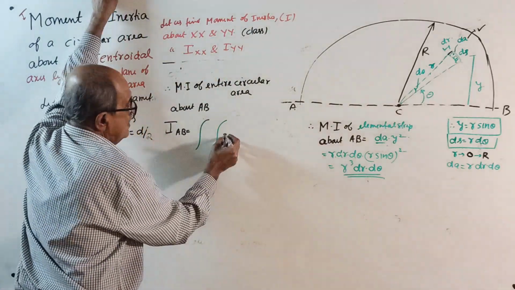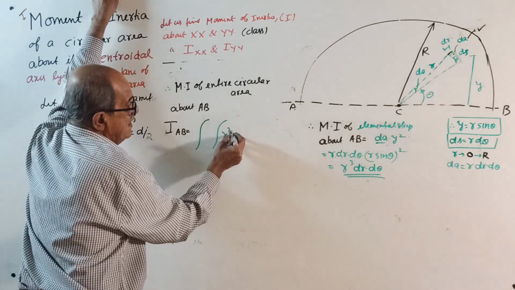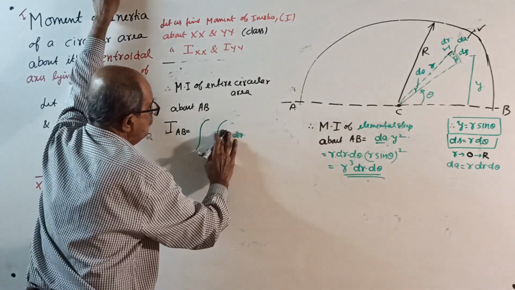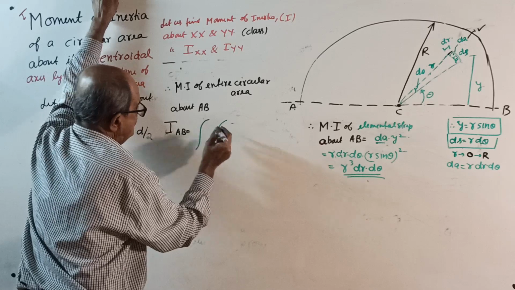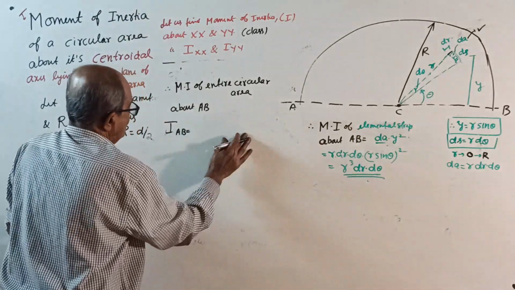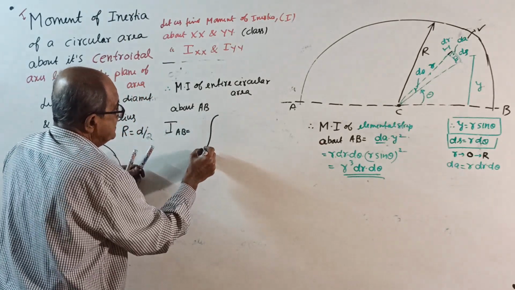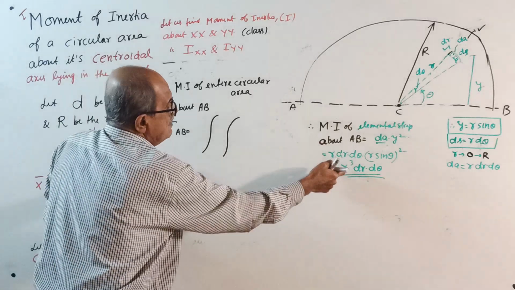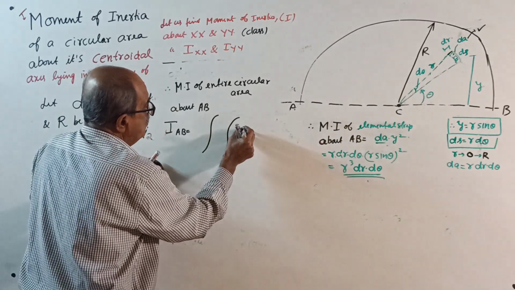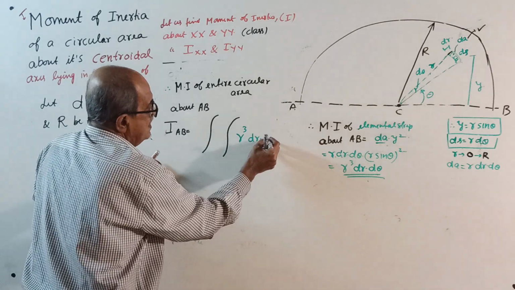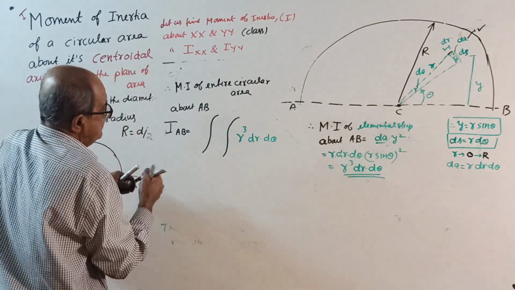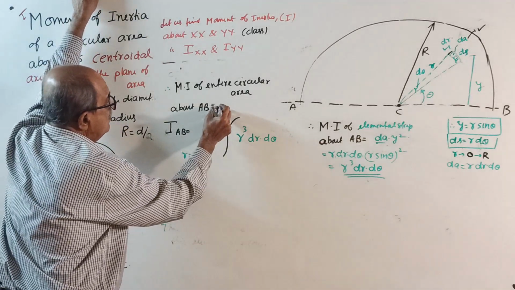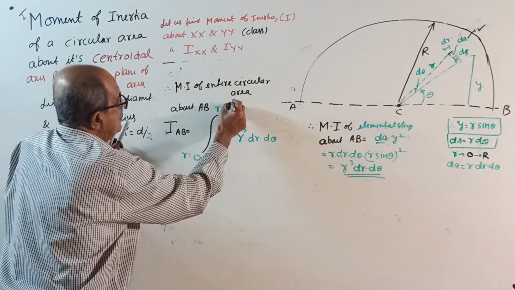So it is r square, not r square, r cube dr into d theta, equal to double integration of the elemental area. Here r varies from 0 to capital R, I told you.